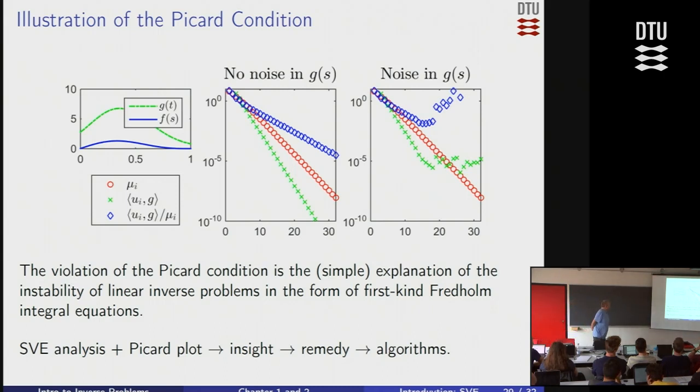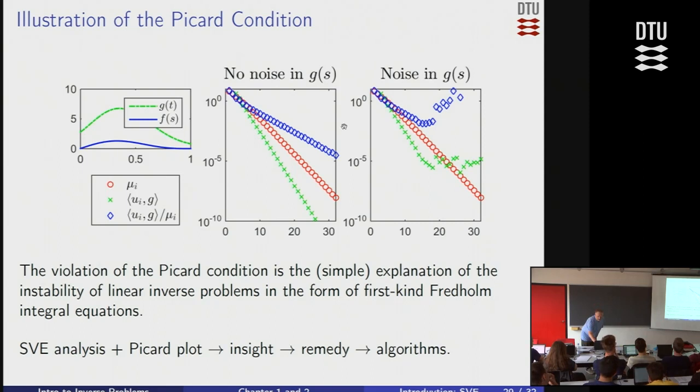Let's look at the top left plot right here. What do we have here? The blue solid line is the true solution. The dashed green line is the right-hand side of my integral equation.